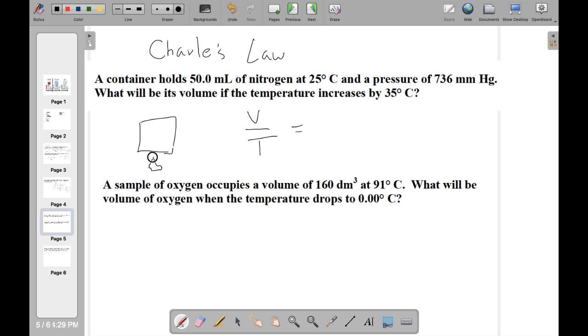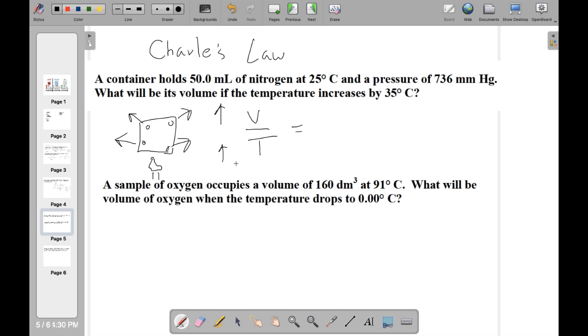Let's say I had a can of, if you ever had a can of spray paint, it has gas inside of it under pressure. The paint is a gas under pressure. I start heating it. What's going to happen? That gas is going to expand. The volume is increasing. It's getting bigger. So if the temperature goes up, the volume must also go up.